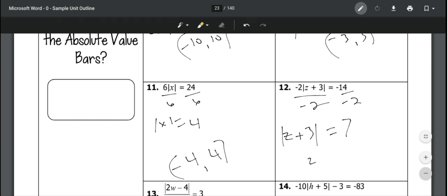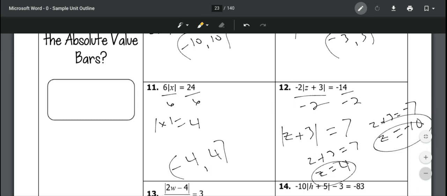So we have z plus 3 equals 7, and z plus 3 equals negative 7. So z equals 7 minus 3, so that's 4. And z equals negative 7 minus 3, so that's negative 10. So there are our two answers.